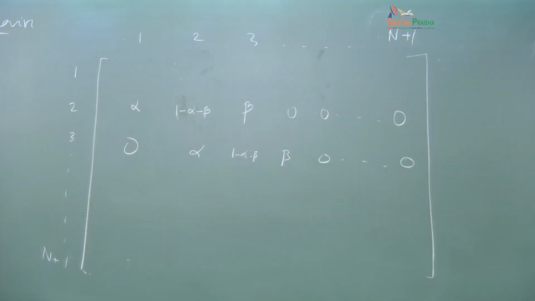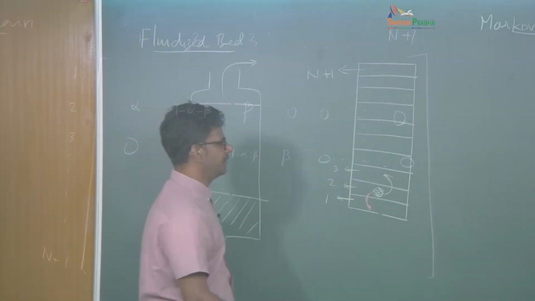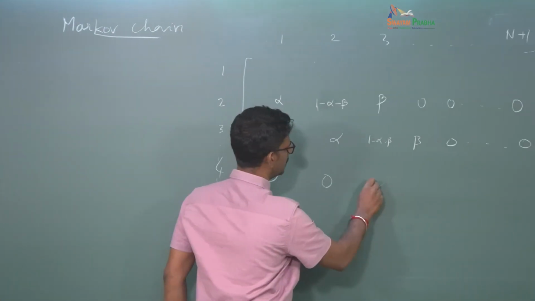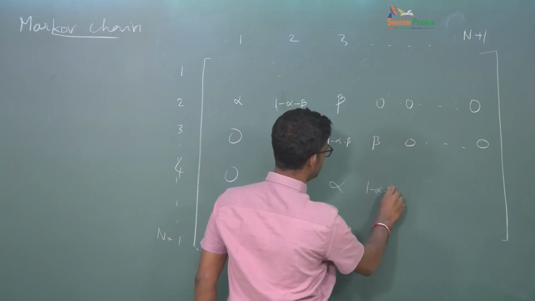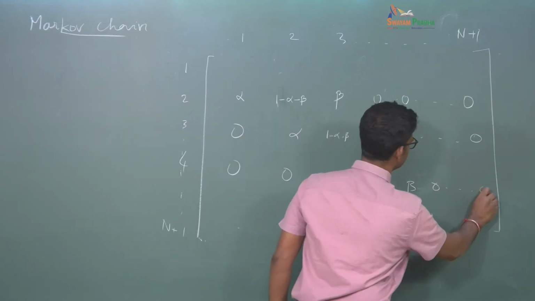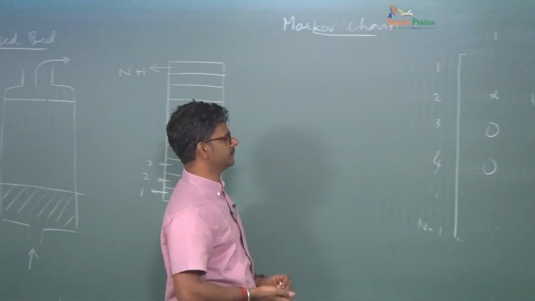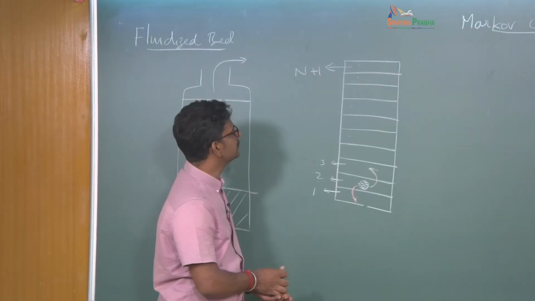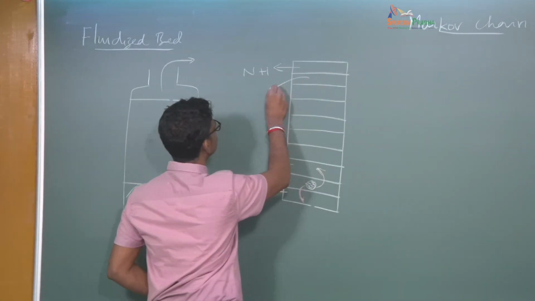So you can see it's nothing but an asymmetric random walk over the cells. Similarly, for the 4th cell, it will be 0, 0, alpha, 1 minus alpha minus beta, and beta, and then 0, 0, 0, like this. You would do this all the way up to cell n.